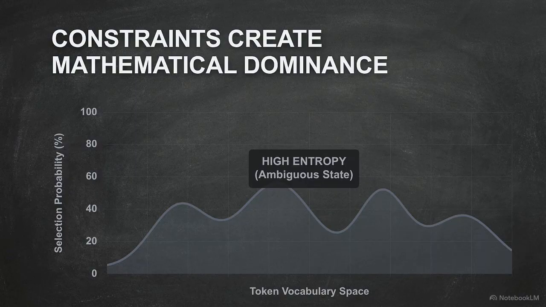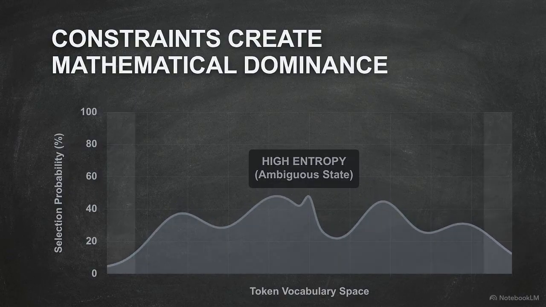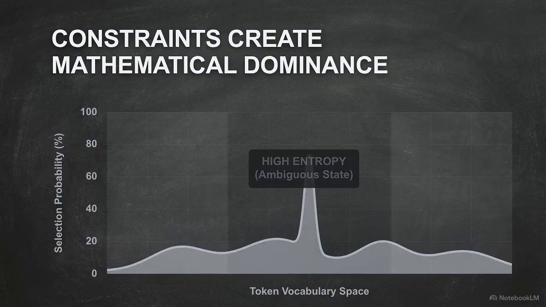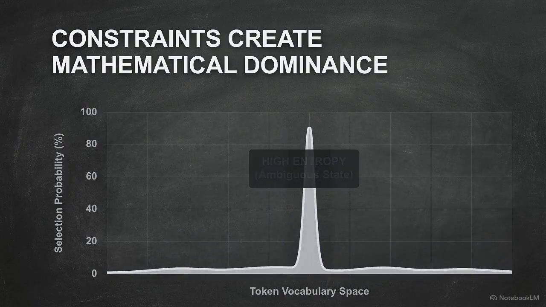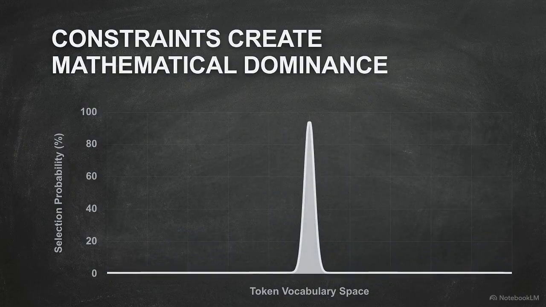By introducing clear constraints and relevant contextual data into the prompt, we alter the logits. The math shifts, suppressing the probabilities of incorrect tokens and squeezing the distribution inward. These specific structural inputs force the target tokens into an overwhelming mathematical dominance over the rest of the vocabulary. The ambiguity is eliminated at the source.